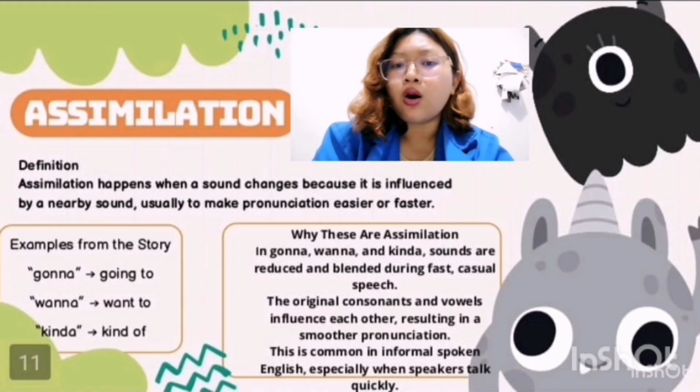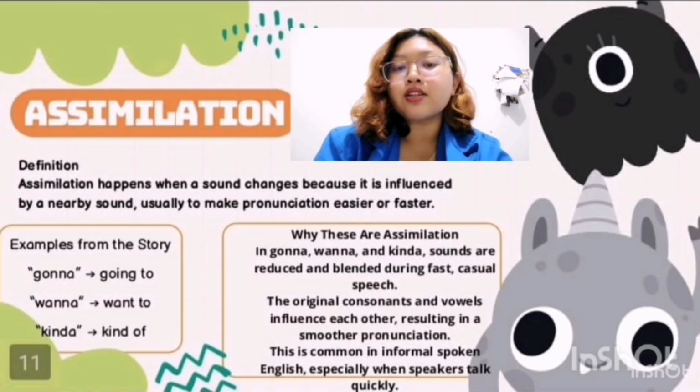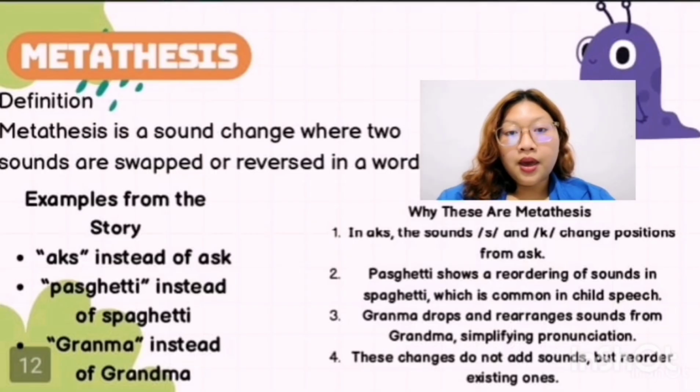In gonna, wanna, and kinda, sounds are reduced and blend during fast, casual speech. The original consonants and vowels influence each other, resulting in a smoother pronunciation. This is common in informal spoken English, especially when speakers talk quickly.